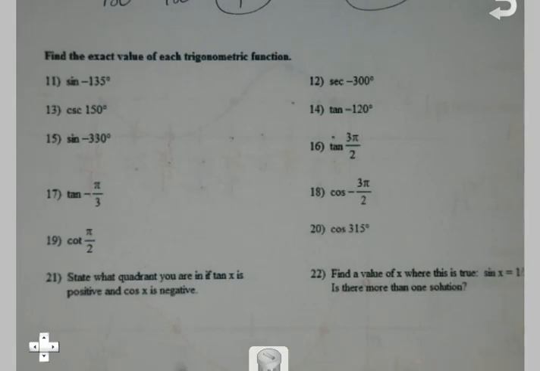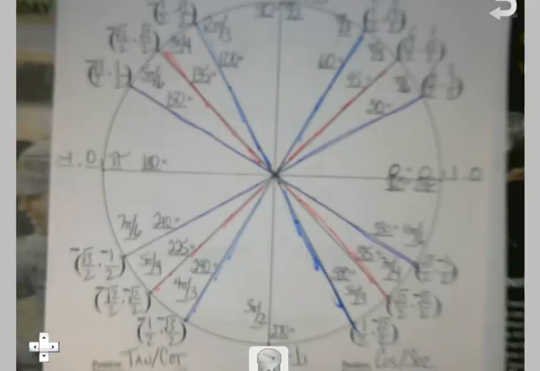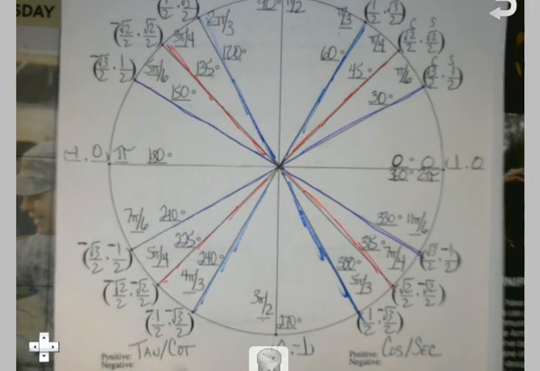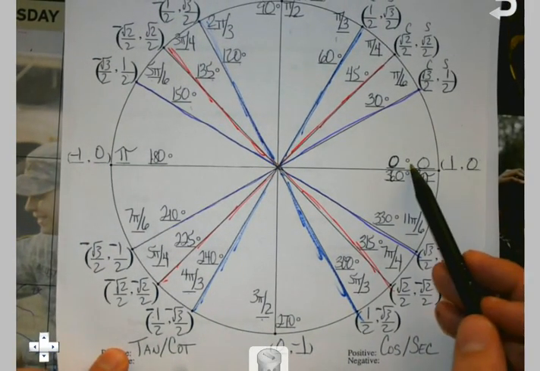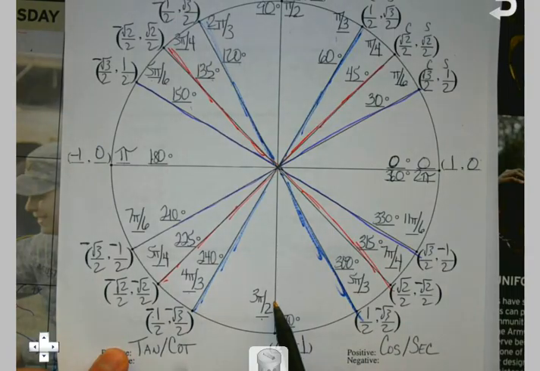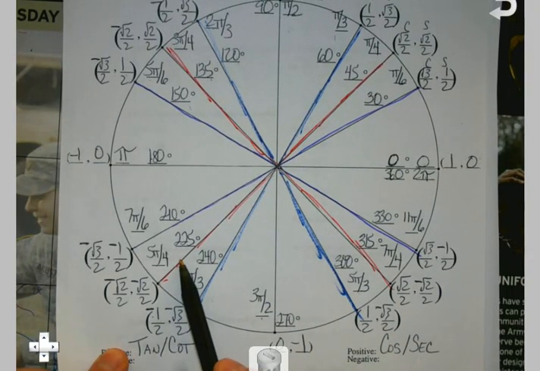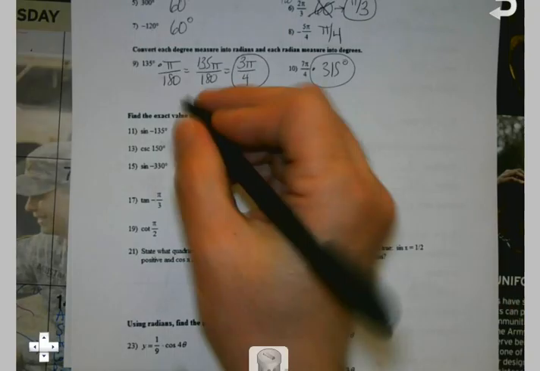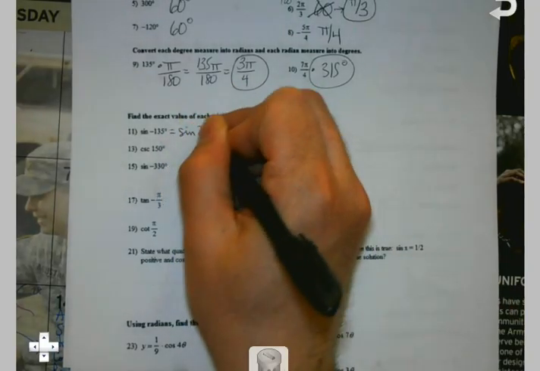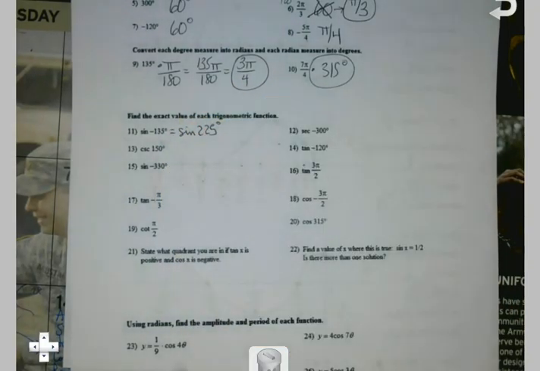So, find the exact value of the trig function. Okay. Sine of negative 135. You're like, well, wait a minute. That's not on my circle. True. But, well, or is it? Okay, let's zoom back out for a minute. If you go negative 135, negative 90, and another negative 45, this is the equivalent of the sine of 225 degrees.